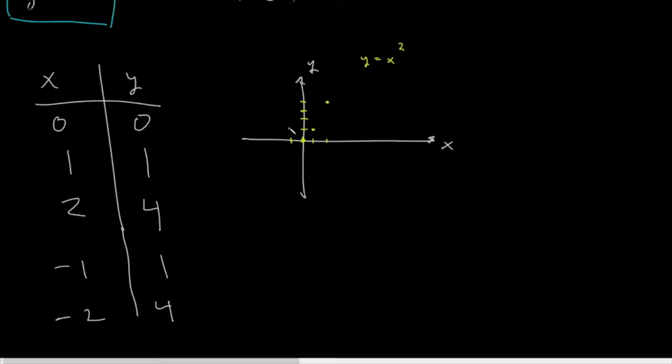So 1 left, 1 up, and also this ordered pair -2, 4. 2, 3, 4. So I have two sides of my shape. And we've seen this before. I know for a fact this is a parabola, right? So we know quadratic functions graph parabolas. It's this little U shape.